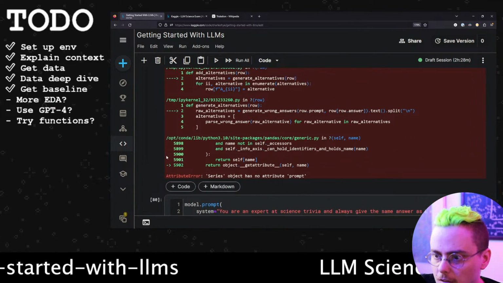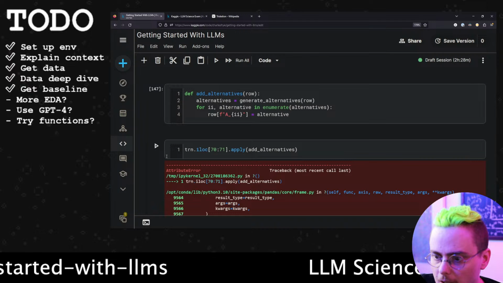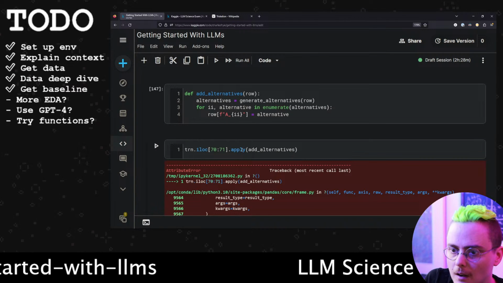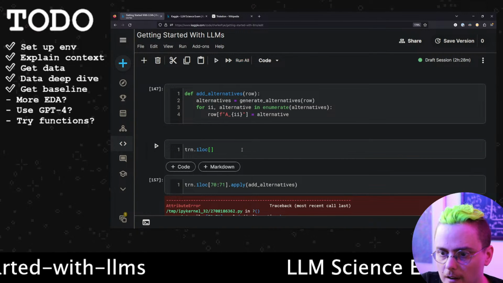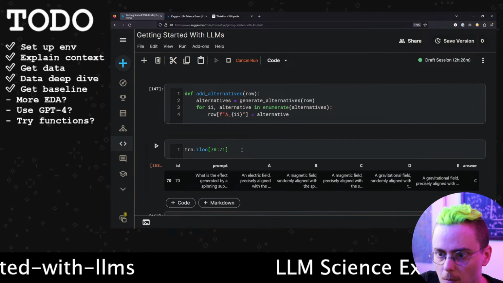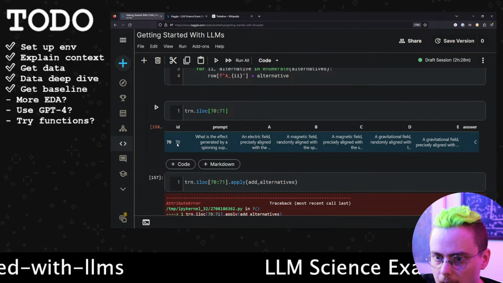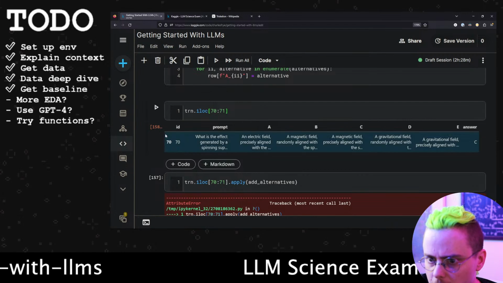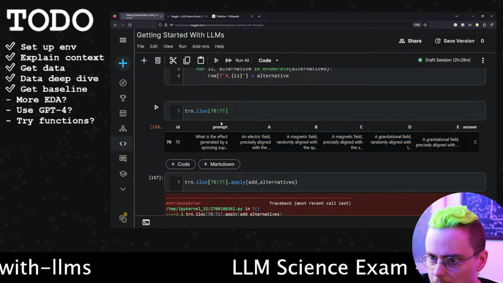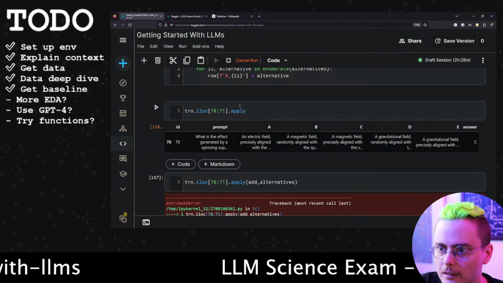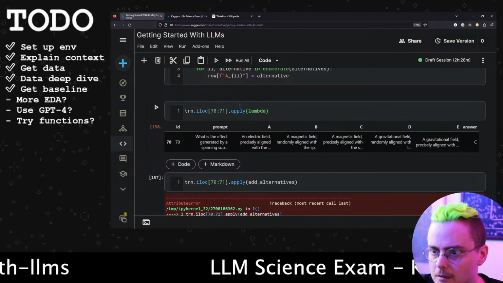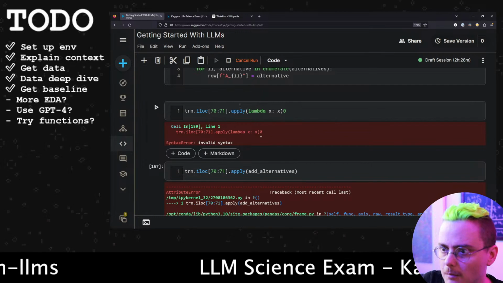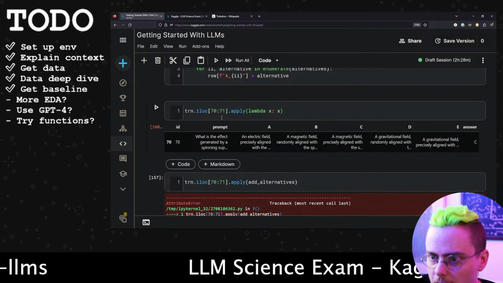Series object has no attribute prompt. That's interesting. Turn to iloc[70:71] index. So it should be, yeah, that's interesting. Let's just pass the little identity function in there.